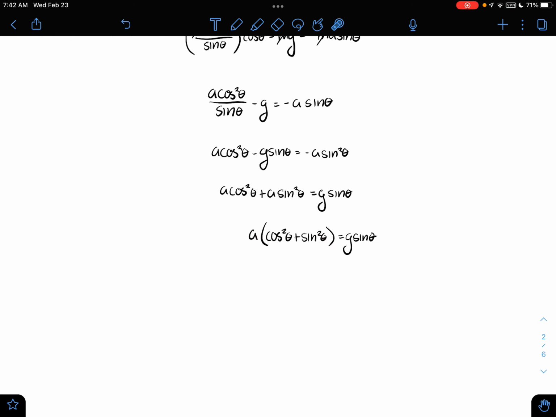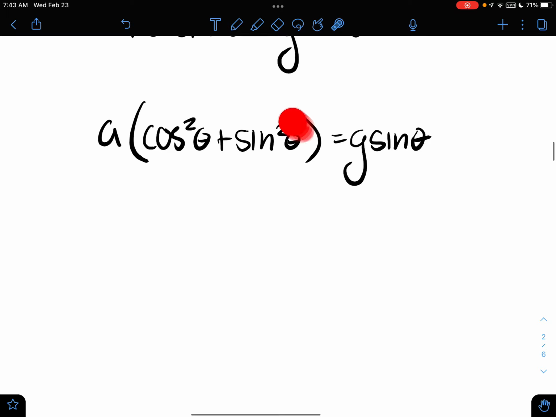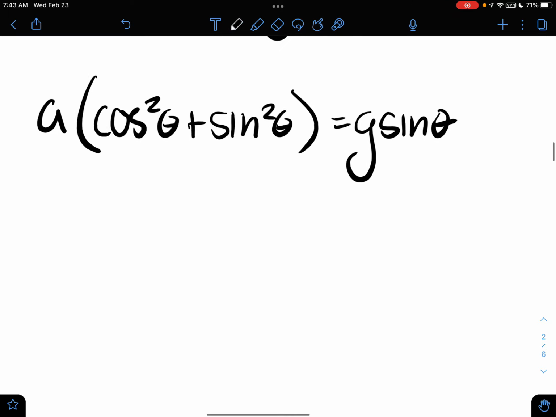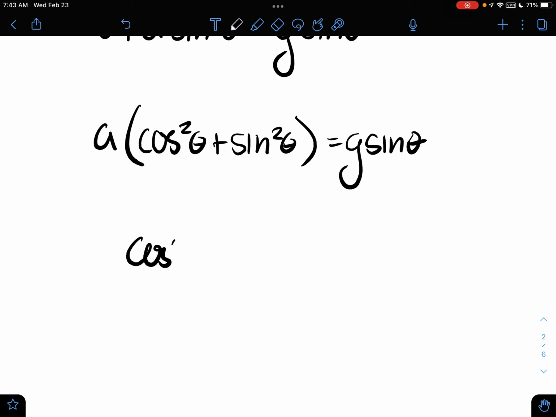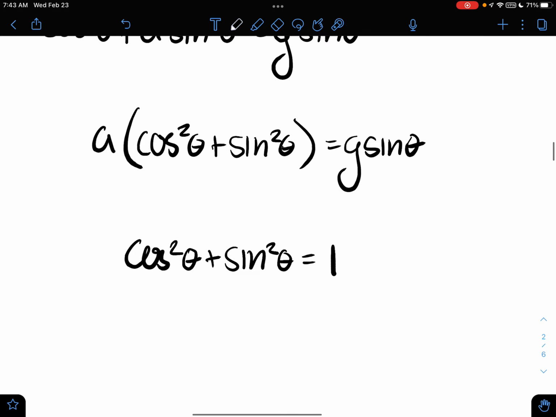And wow, what a coincidence. Cosine squared plus sine squared, who remembers pre-calc with our unit circles and our trig identities? Yeah, we love trig. We love the unit circle. Everything's wonderful. But cosine squared theta plus sine squared theta is 1, so we're just multiplying by 1.